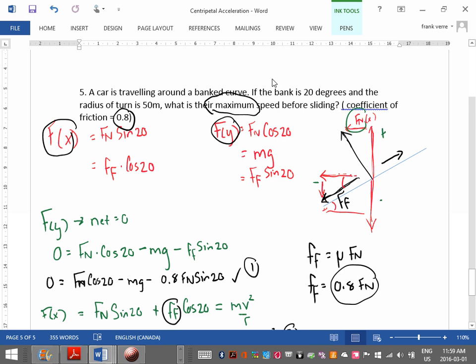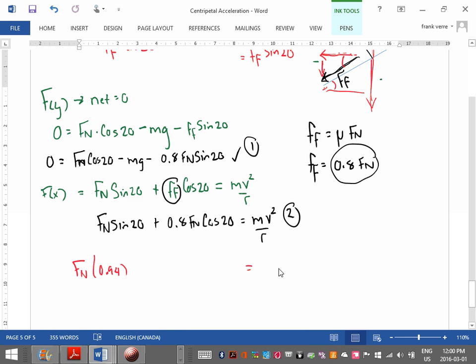I'm pretty sure it's going to cancel out. So let's just say it's 1,000. All right. So that's going to equal 1,000 times 9.8. So the mg has been brought to the other side.